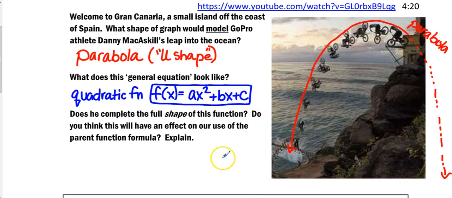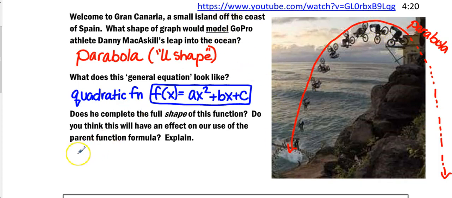Now it says, does he complete the full shape of this function? And do you think this will have an effect on our use of the parent function formula? So if you noticed, I was able to draw this as a solid line, but this was kind of like a dotted imaginary piece. So does he complete the full shape if it's only kind of like half of it right here?